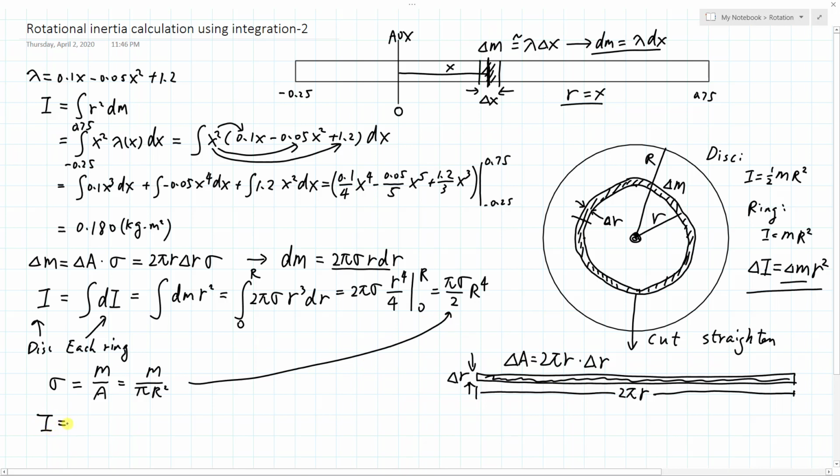The I is equal to pi over 2, and that sigma turns into m over pi r squared. We also have r to the 4th power. Pi divides out pi and r squared, and this goes into squared. We still have 1/2, we have m, we have r squared. So this gets us 1/2 mr squared, which is what we were expecting for a disk.